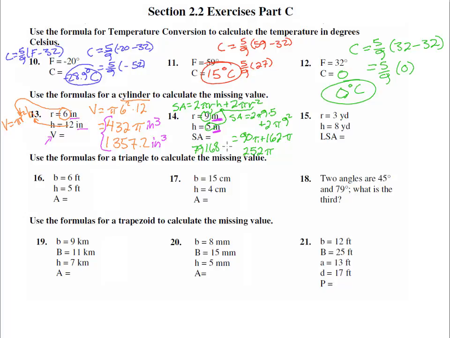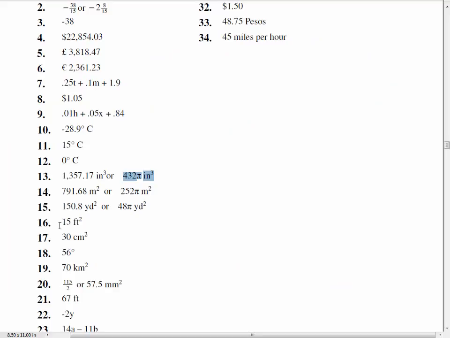We're asked for an area, which is a two-dimensional object, so these are meters squared. And your answer can be written with the pi still on it, or it can be written with the decimal. Let's double check our answer. There's 791.68 meters squared, or 252 pi meters squared.